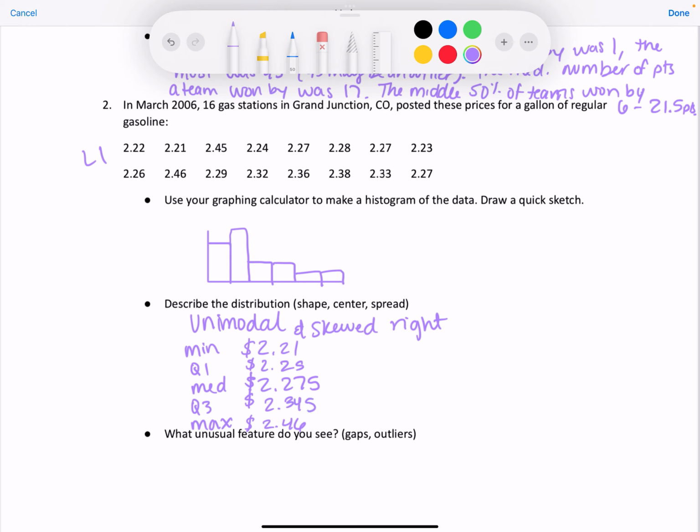So 50% of our data, or we could say most stations, charge between $2.25 and $2.345. That would be how we give our description if it was asking for more of a conclusion or an actual write-up. This just says to describe, so I'm just giving little bits and pieces.